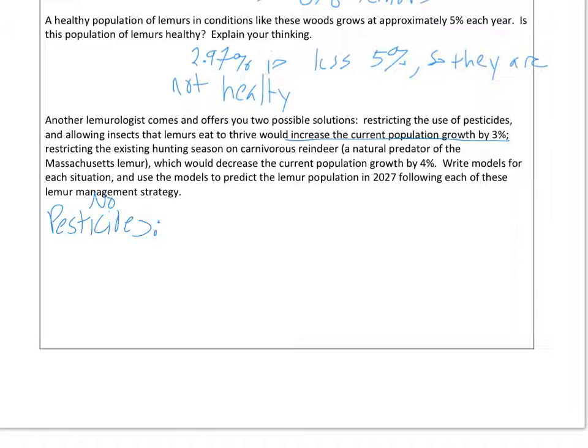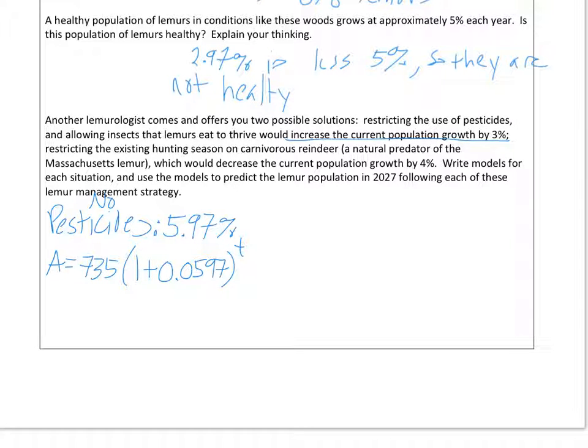And my growth rate would be 3% plus 2.97, 5.97%. So my equation for that would be A is equal to 735 times 1 plus 0.0597 to the t.